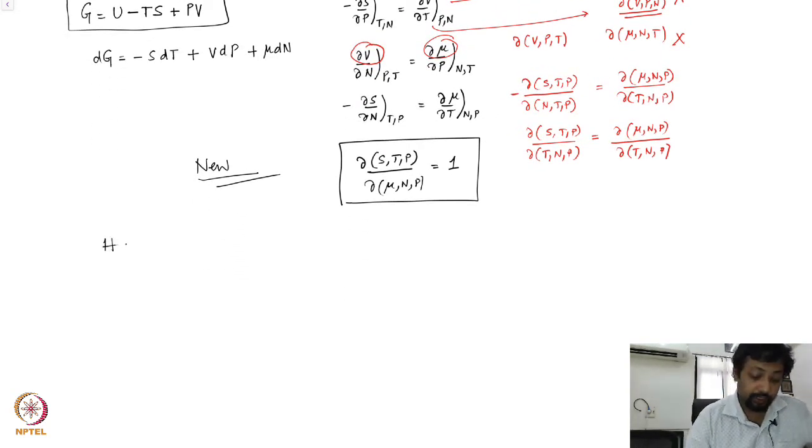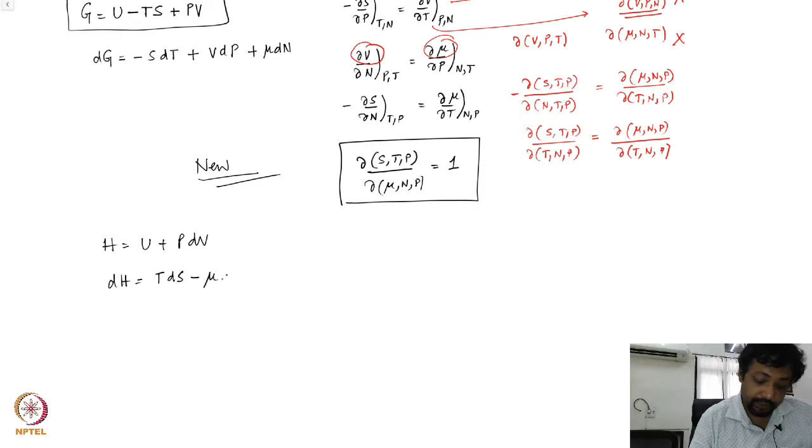Look at H. H is U plus PV. So you do a differential, dH, which is dU plus PdV. Now dU plus PdV is TdS minus mu dN. So you have TdS minus mu dN.